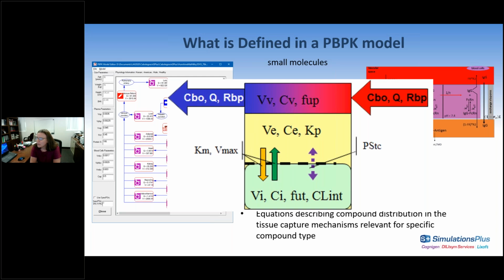But then we might need to account for additional mechanisms for distribution of the compound between the extracellular space and the cells. So either transporter-mediated uptake and efflux, or potentially slow passive diffusion through the cell membranes to get into the cells if the target site or target protein is within the tissue itself.